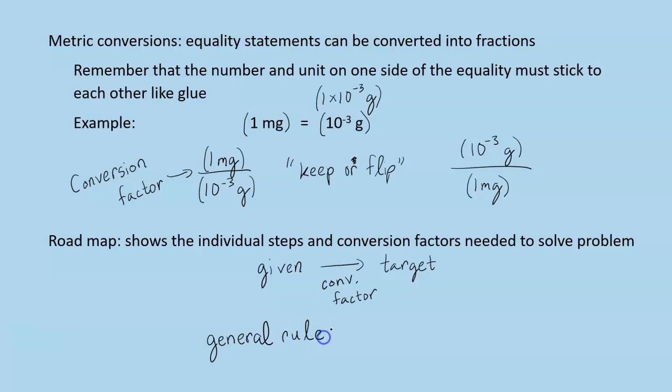A general rule for conversion factors is that we typically want to have the target units on the top and the given units on the bottom for each step. Let's look at some examples of this.